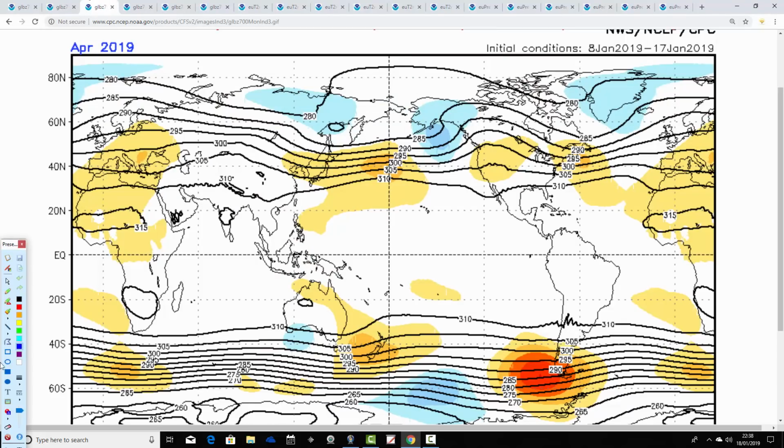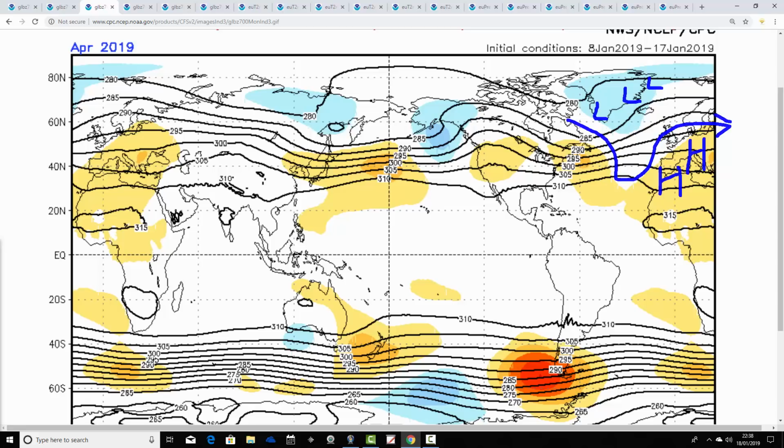Now, a complete change as we get to April. This is month 3, so it's a little way off, but we find that we've got below average heights appearing around Greenland and Iceland. Above average heights are building to our south, and so a total change in April brings the flow and the jet stream in from off the Atlantic.